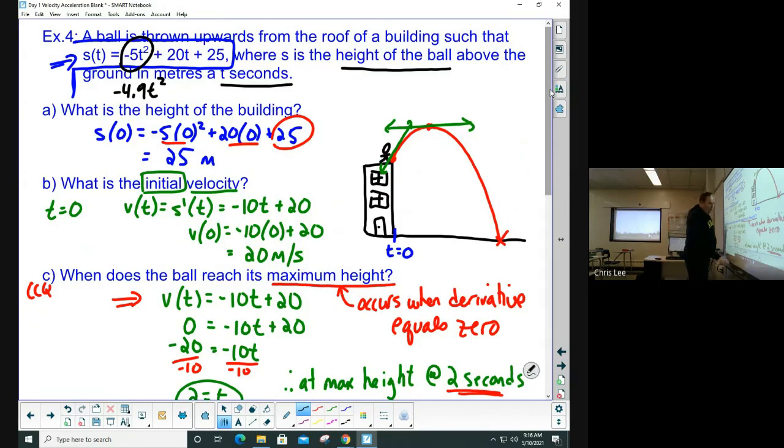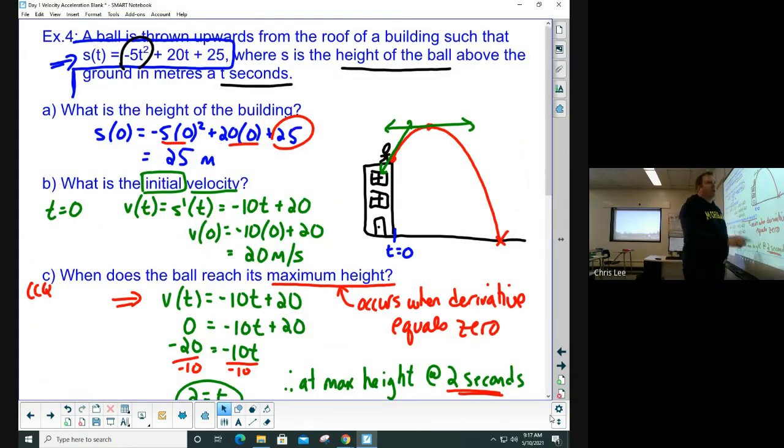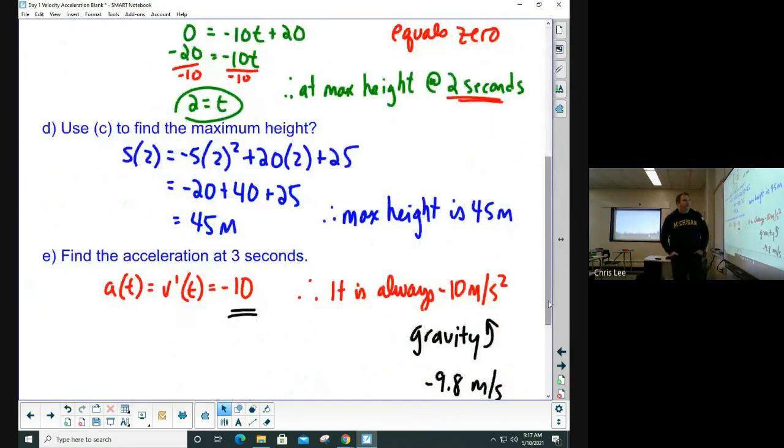Okay? So you will see many questions with this -4.9 at the beginning, because it's trying to actually replicate gravity. For simplicity, our example used -5, but we can see the problem in using that number. Regardless, the process we did to answer this question is really what I'm worried about.